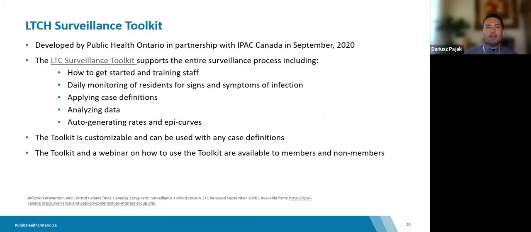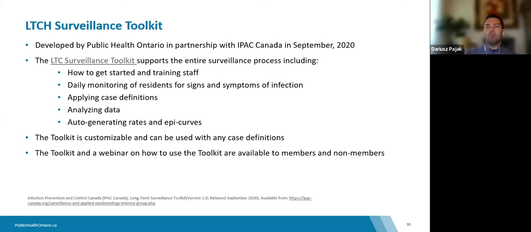One thing I did want to touch on is the long-term care surveillance toolkit. I know we've covered quite a bit of information, including some concepts that may be new to you or not, but there are resources out there that aim to make the subject of surveillance approachable and practical. One of these is this document, which was created in collaboration with Public Health Ontario and IPAC Canada.